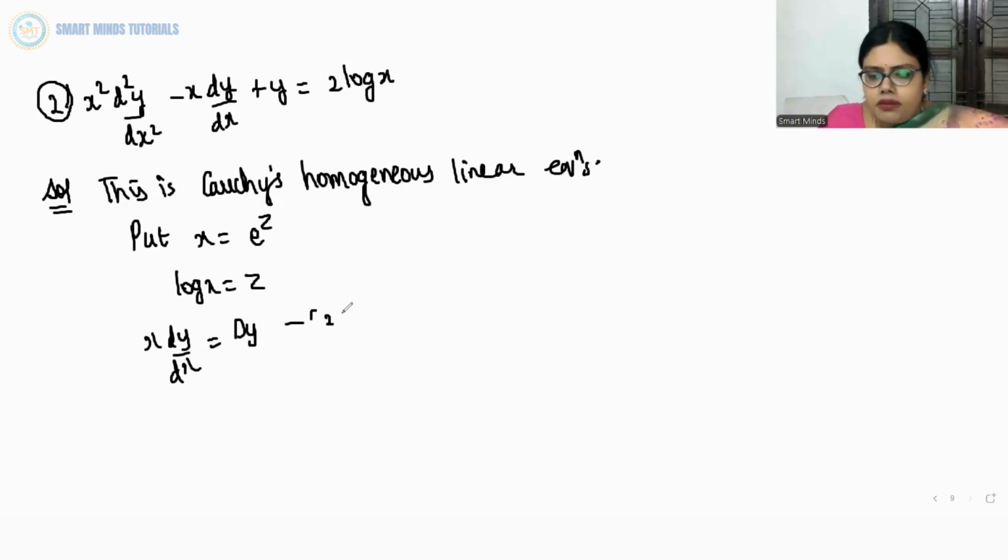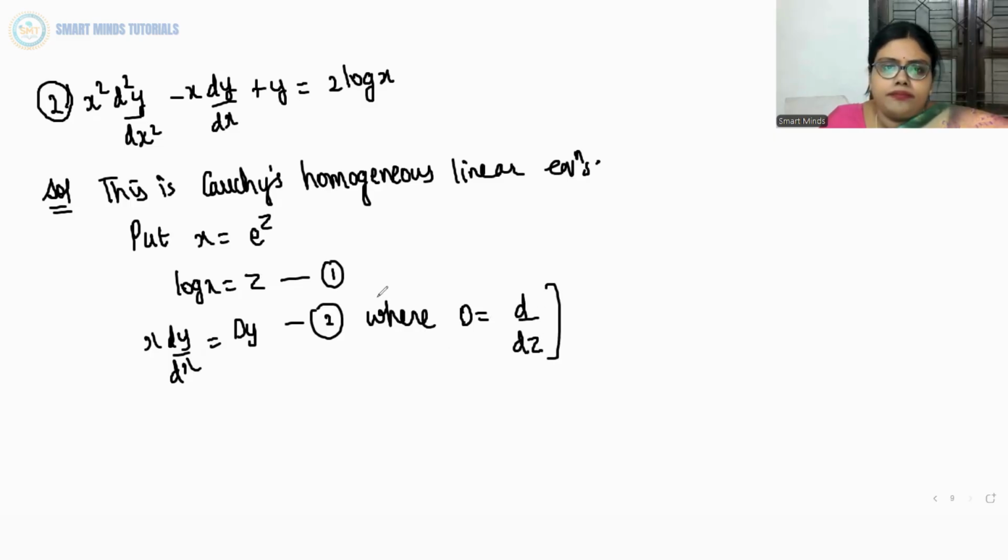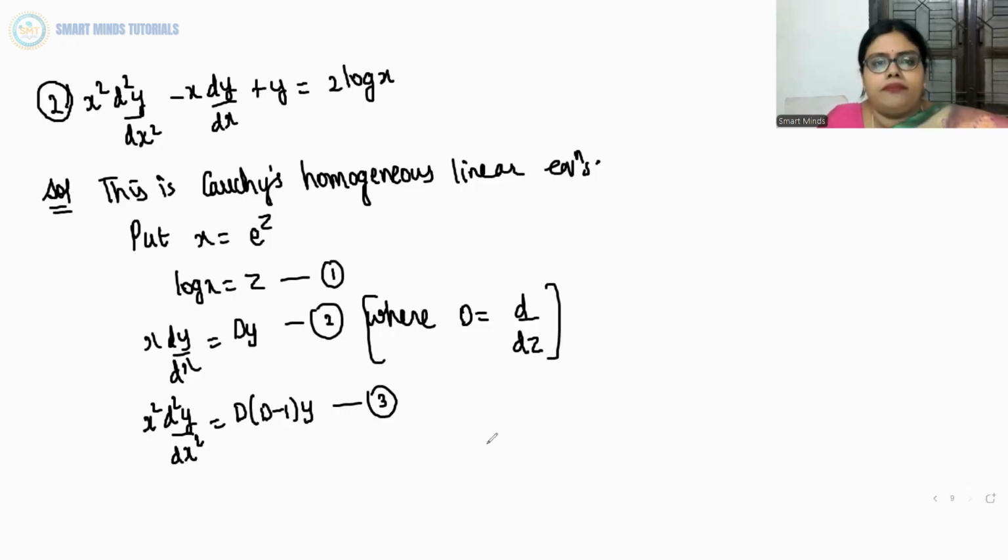This is equation number 2 and this is equation number 1, where capital D is equal to d by dz. And x square d square y by dx square is D into D minus 1 into y. This is equation number 3. So these are the standard substitutions we have to take.